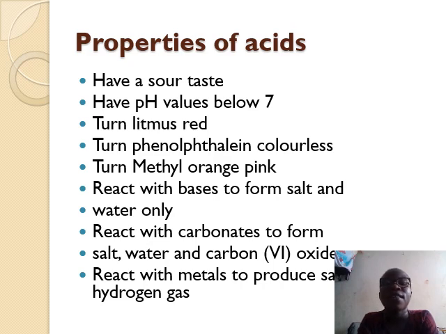They turn methyl orange pink, and they react with bases to form salt and water only. They react with carbonates to form salt, water, and carbon 4 oxide. Then they react with metals to produce salt and hydrogen gas.